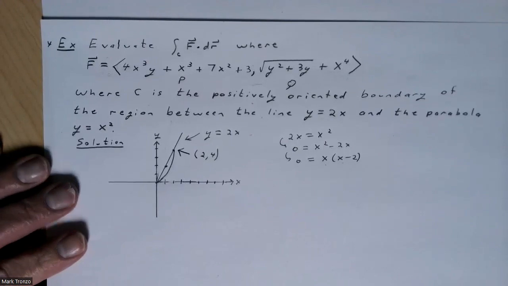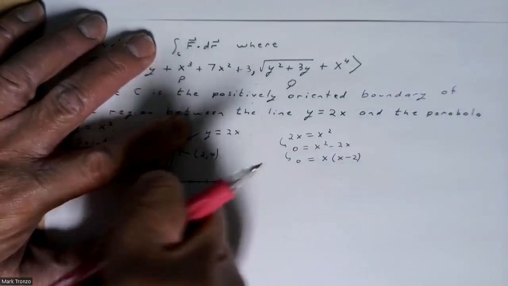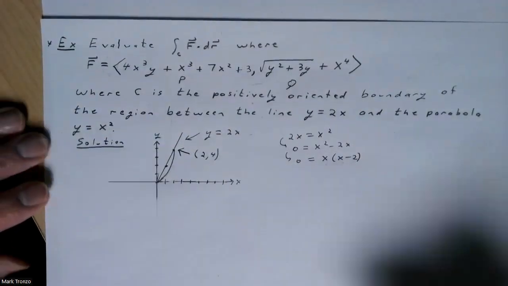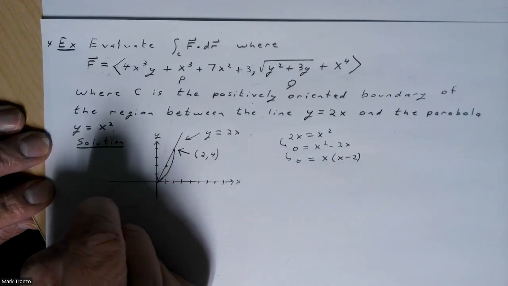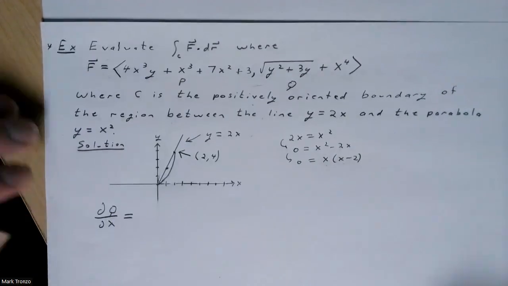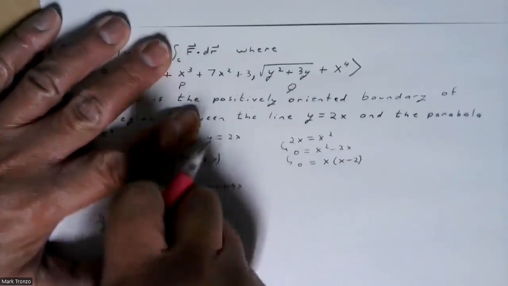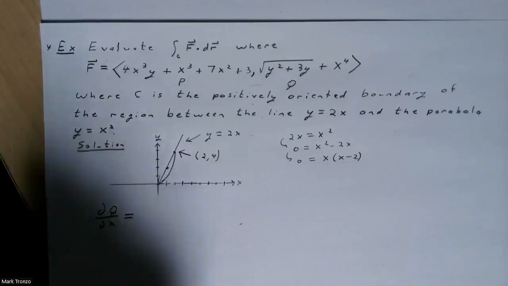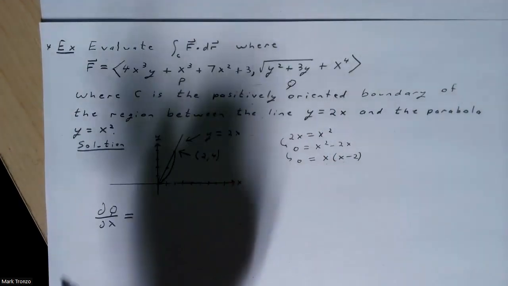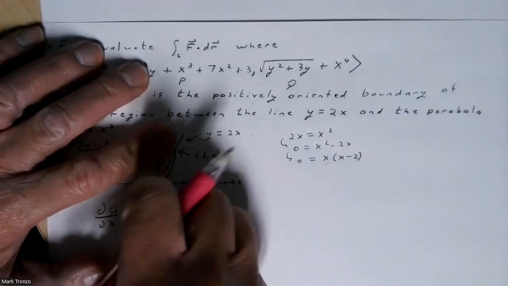And so now we're going to do Green's theorem. Once again, we're going to need the derivative of Q with respect to x, which again is going to be 4x cubed.